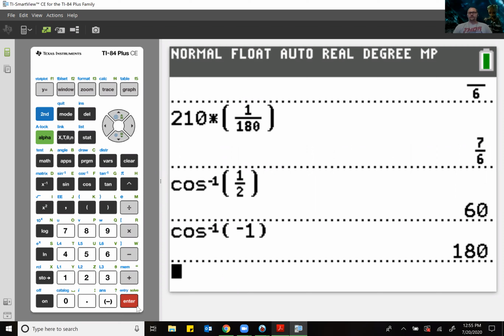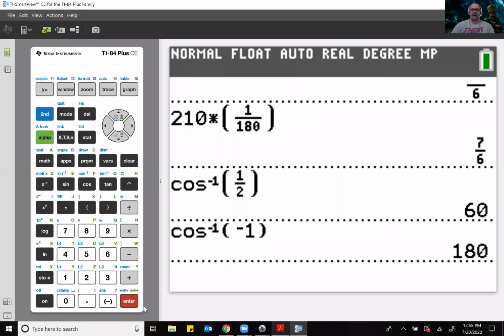All right. Now, again with these, there are other places where these occur. There are other places where these occur.